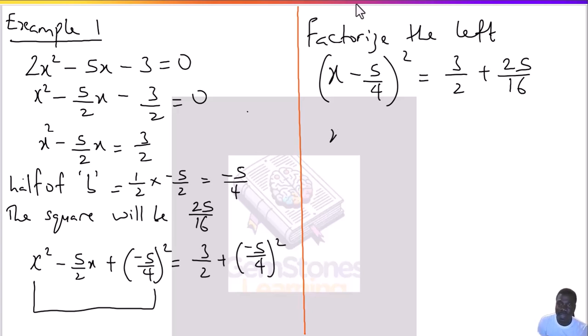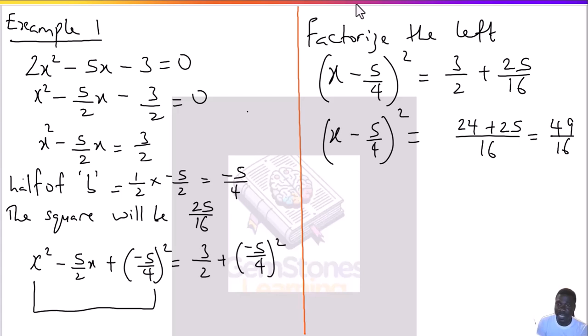So from here, x minus 5 over 4 all squared is equal to, my LCM here is 16, that will be 24 plus 25, and that is equal to 49 over 16.